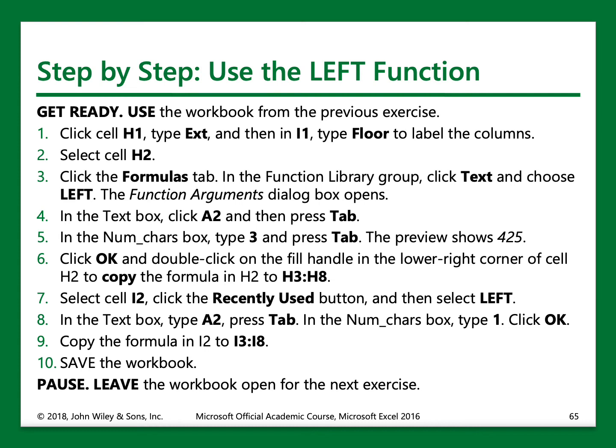Once the function argument box opens, we can get to work. So in the text box, click A2 and then press Tab. In the num_chars box, type 3. The preview should show you 425.